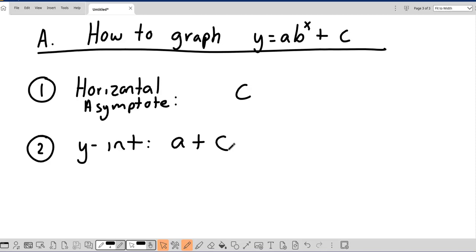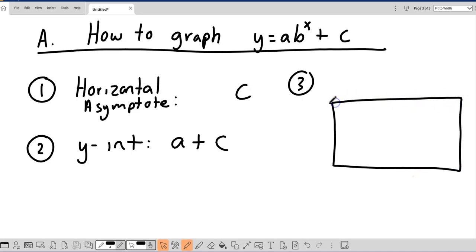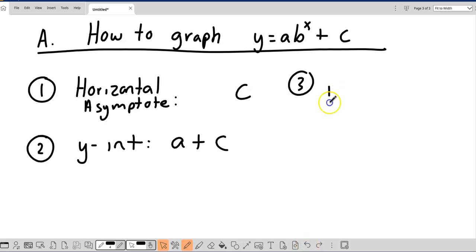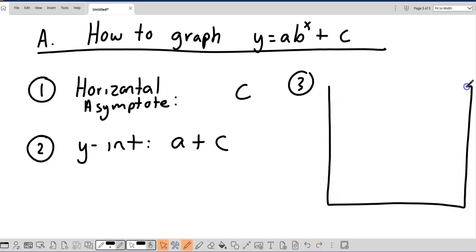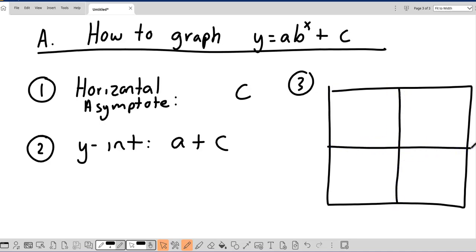Okay? And then the third and final thing that we'll take note of is the shape of our graph here. Now I'm going to turn this into a table that we can use.